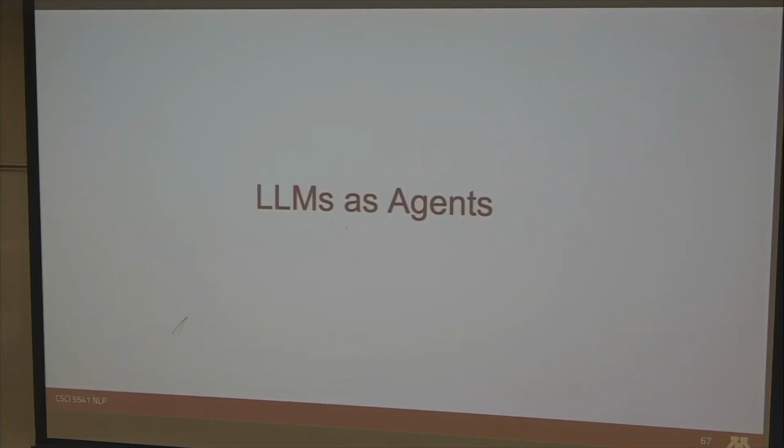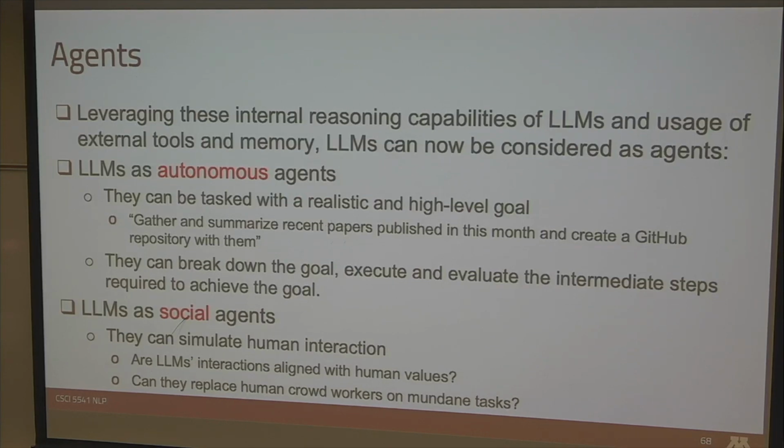Before concluding, I just want to briefly introduce some works that use LLMs as agents. Now LLMs are capable of some kind of reasoning, they have some memory, and they have access to external tools, so you can think of them as an agent, right? Some works try to use LLMs as autonomous agents.